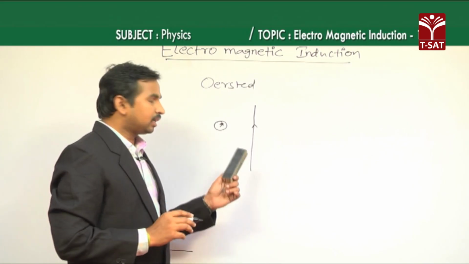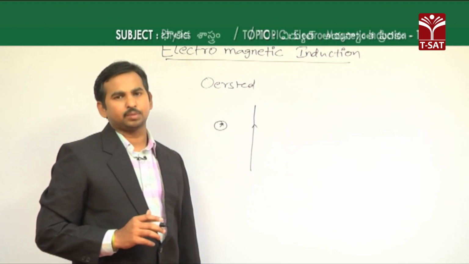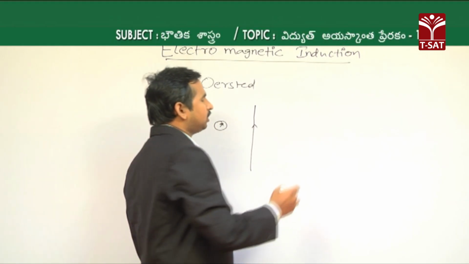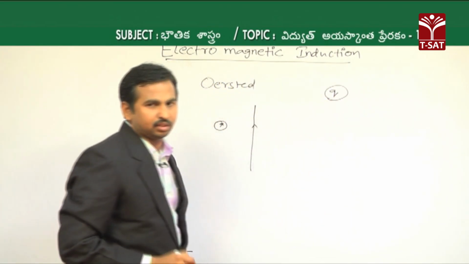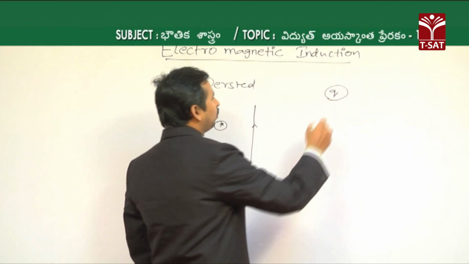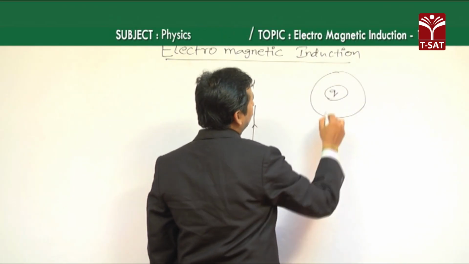But remember, current means there is a flow of charges. Whenever a charge Q is at rest, around it we have only an electric field.